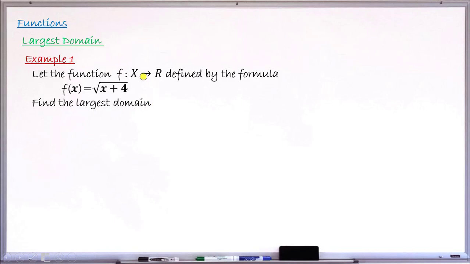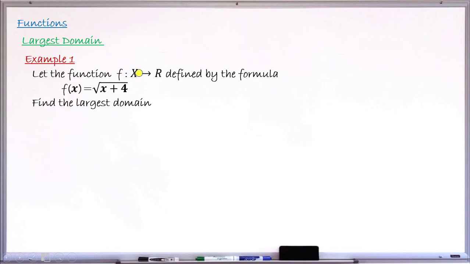That is, we should try to make this x as large as possible. The largest possible value for this x, that is your domain, will be the set of real numbers. But of course, some values in the real numbers will not have an image when substituted in this function, due to some reasons which we shall see.